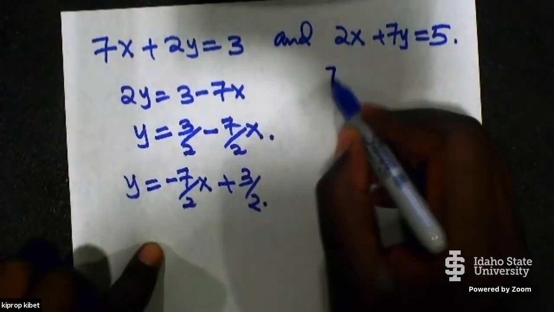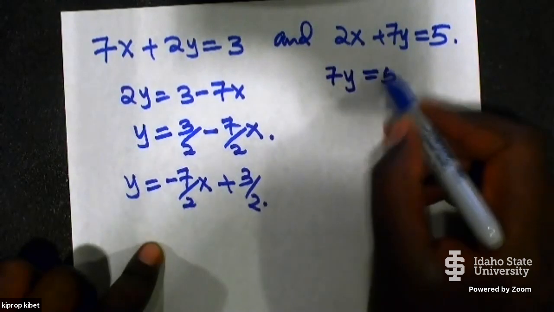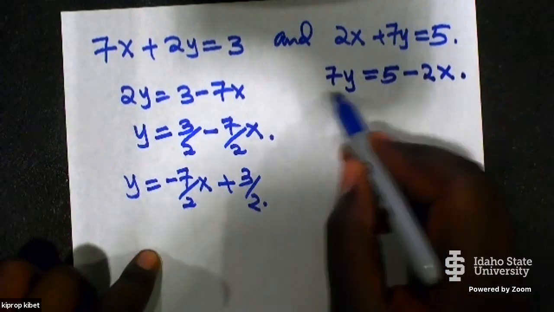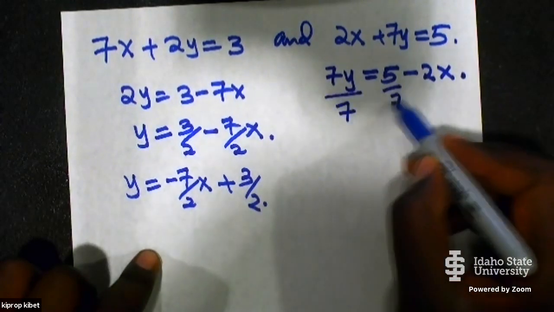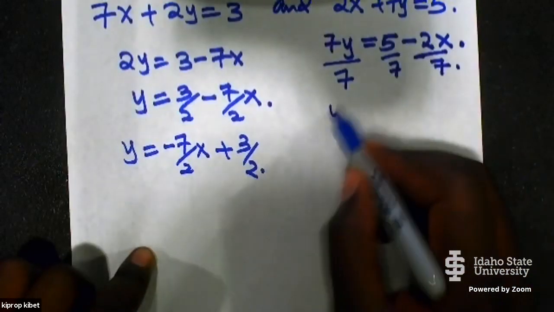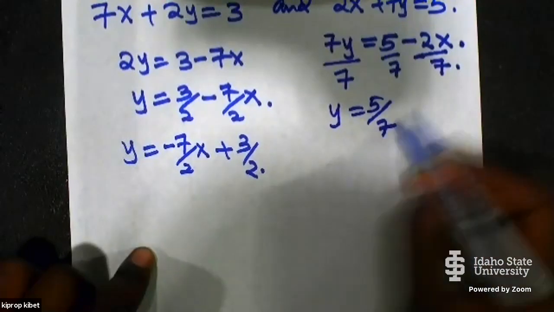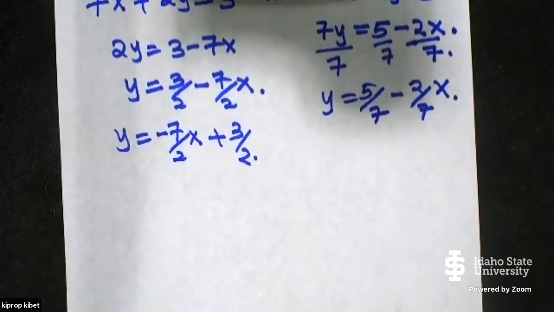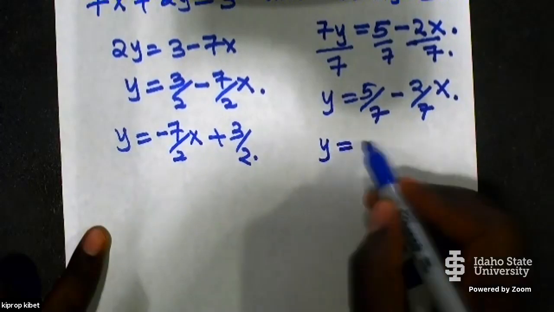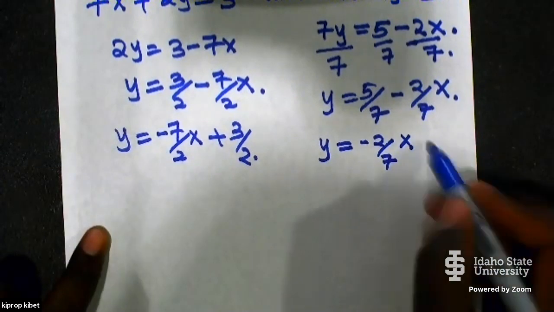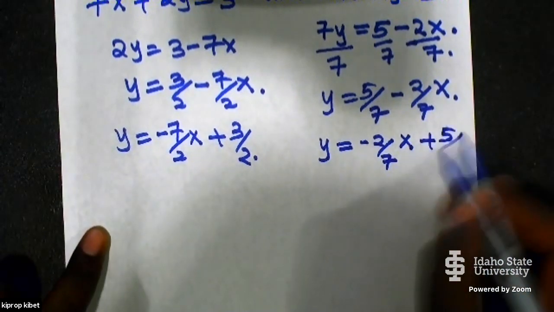So 7y equals 5 minus 2x. You divide by 7, so y equals 5 over 7 minus 2 over 7 x. This is the same as y equals minus 2 over 7 x plus 5 over 7.